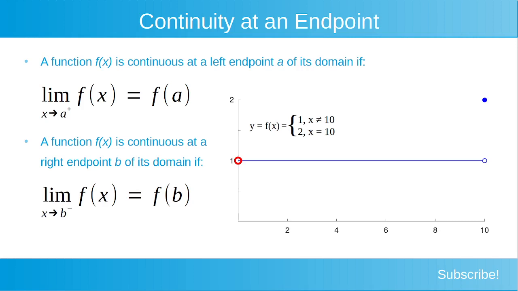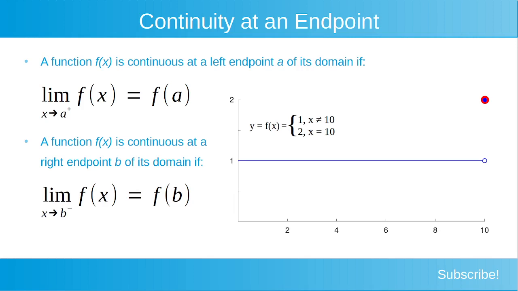If we now look at a different point of this plot, the point where x is equal to 10, this is the right endpoint b of our function. So b is equal to 10, x is equal to 10 at that right endpoint.